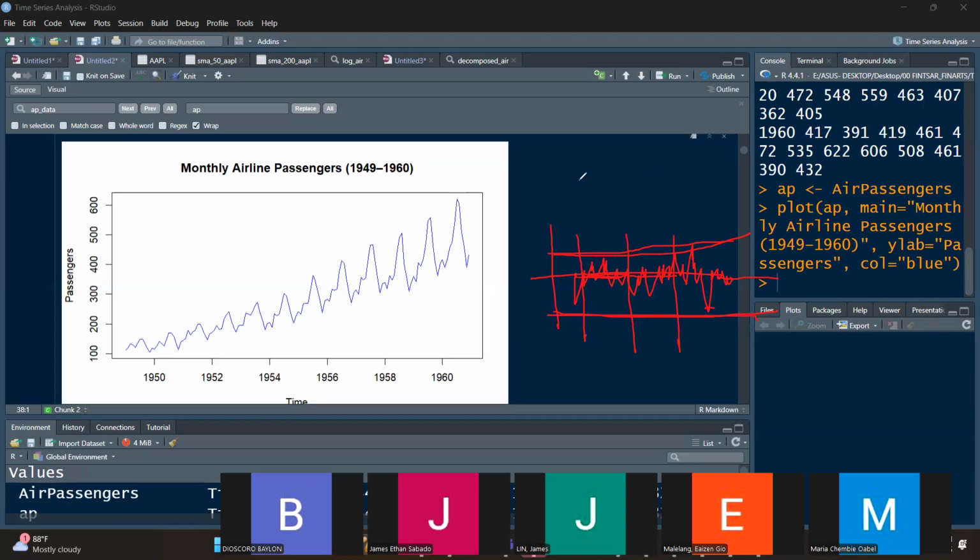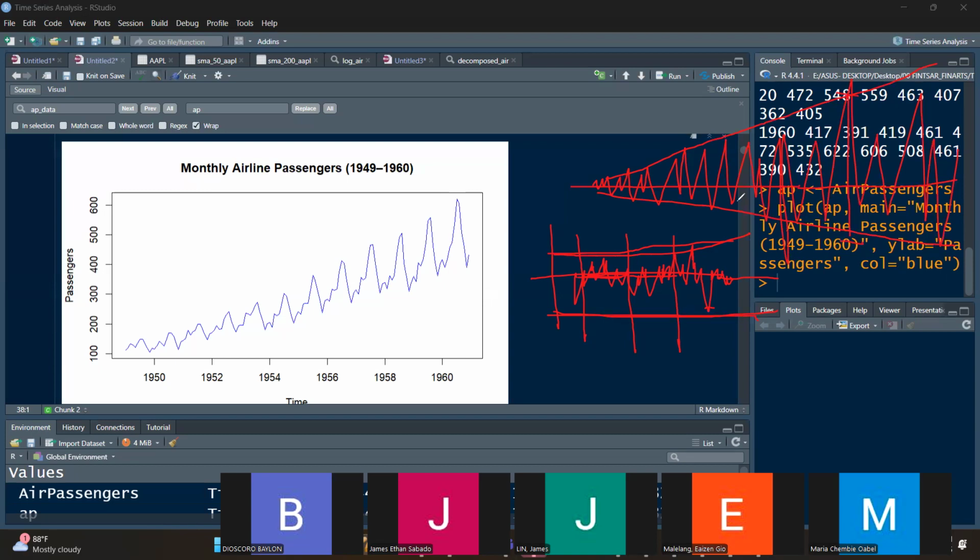If it was behaving this way, you can see that there is an increase in the variability of your data. As you increase your time period, you notice that the variation increases.